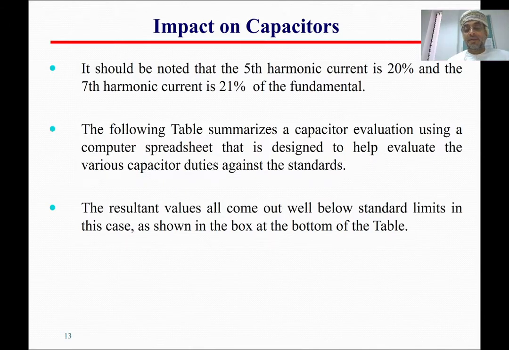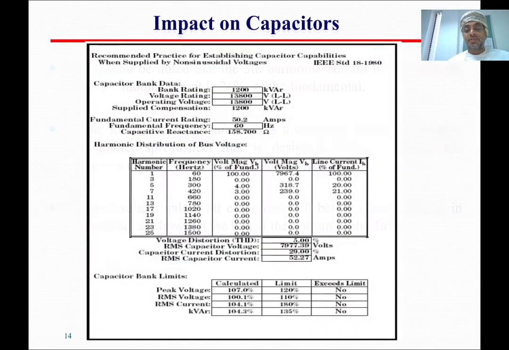And this is the table that summarizes the result. Okay, so those are the calculated values for the peak voltage, root mean square voltage, root mean square current, KVAR, which is really below the limit. Okay, so it does not exceed the limit.